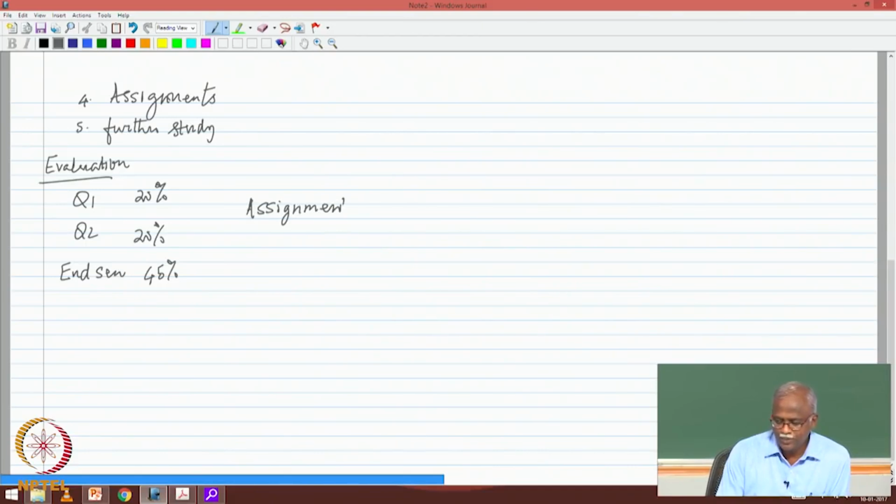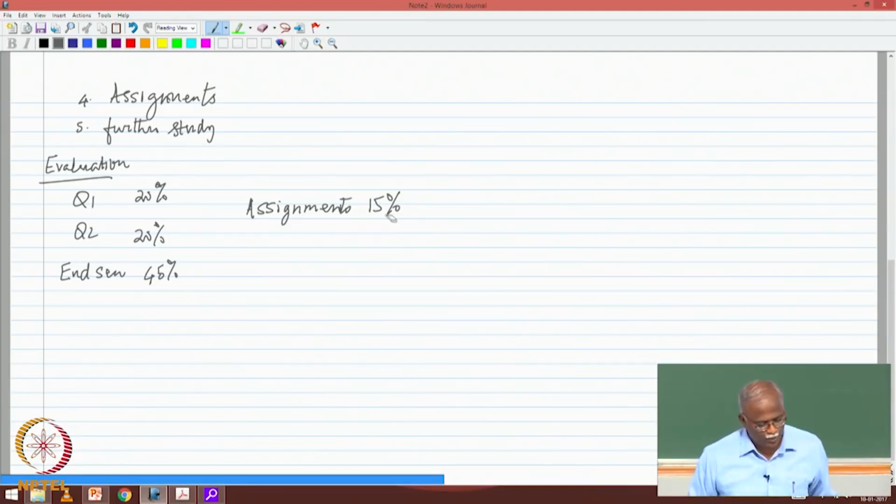So assignments will carry a fair amount of weightage, 15%. I will give you a little bit more information about the assignments themselves and how we will carry it out. A lot of it will be using computer simulations, it will be online submission. For written assignments, the evaluation will be done in the form of an assignment test that is done in the class. So this is sort of a very traditional course in that sense.